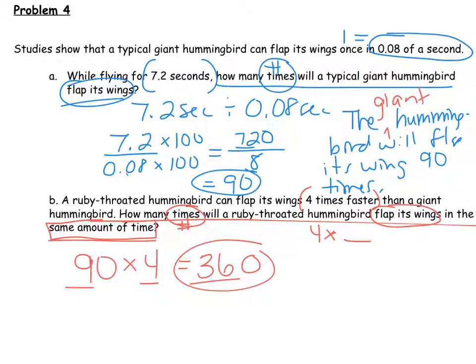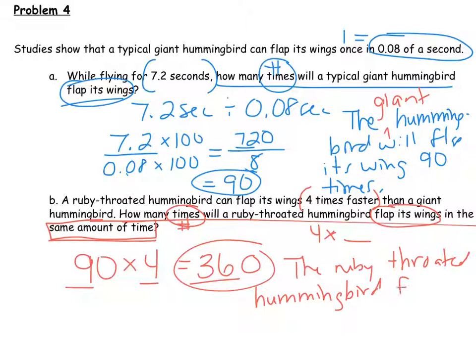So I need to write the ruby-throated hummingbird flaps its wings 360 times. That is a lot of flapping. Make sure you showed all your work.